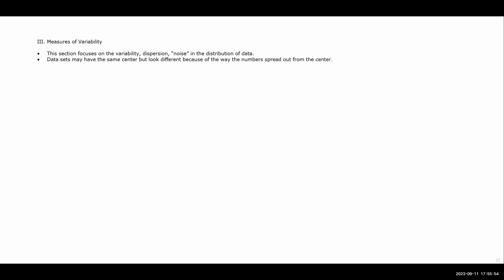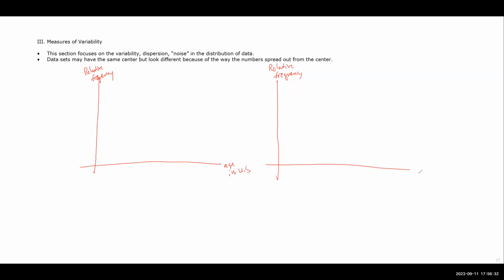Okay, let's suppose we have the following two relative frequency distributions or histograms. And this is like age in the US.